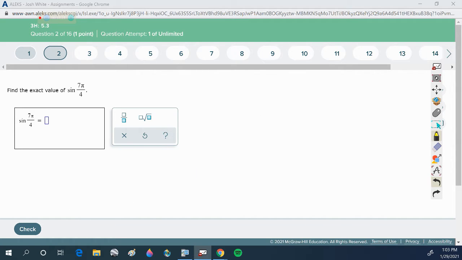All right, so if I said, what is the cosine of 5 pi over 6? Where is 5 pi over 6? It's in quadrant 2. Right there. Okay?